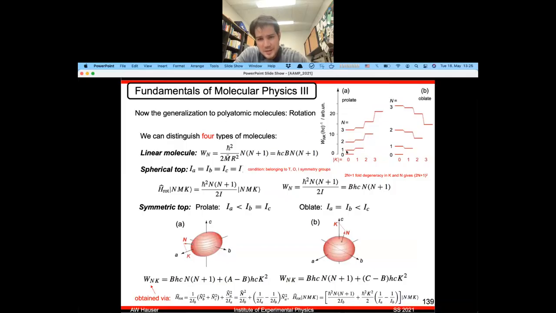And what you can see is that with increasing K, my rotational energies go up for the prolate case. Can anybody explain to me why we have a rising energy with an increase in the projection? Because we get to a higher moment of inertia.